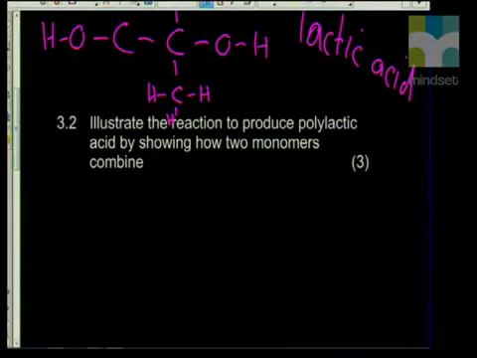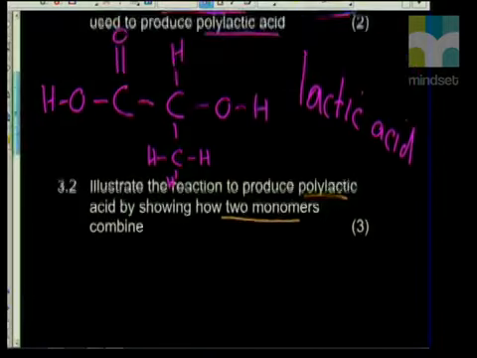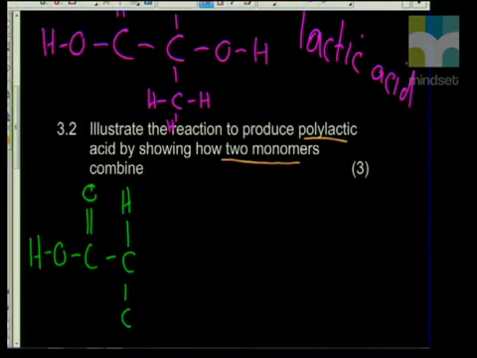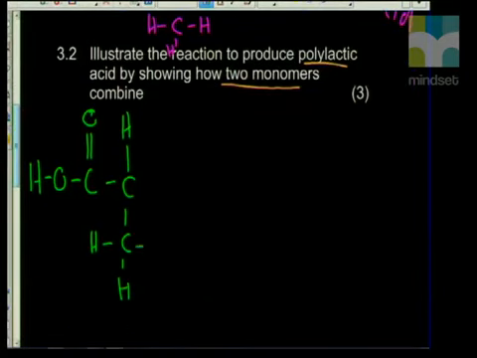So now to illustrate, the second part of the question says, illustrate the reaction to produce polylactic acid by showing how 2 monomers combined. I haven't got much space here, so I'm going to redraw this one a little more closely. Remember, it's the hydroxide followed by the carbonyl, followed by another hydrogen, followed by a methyl group, and we can just repeat this unit on the other side.